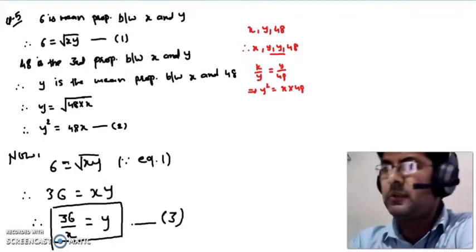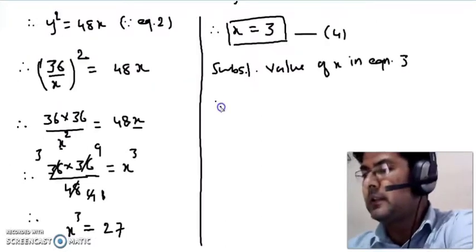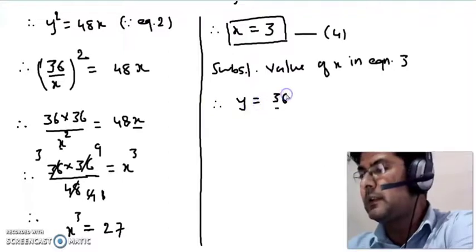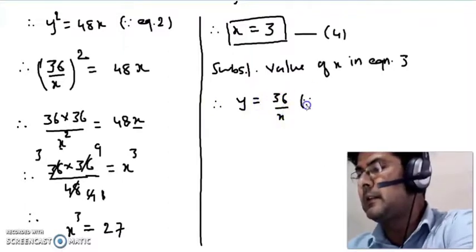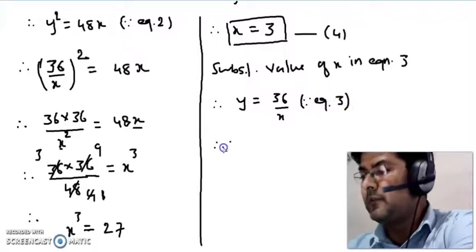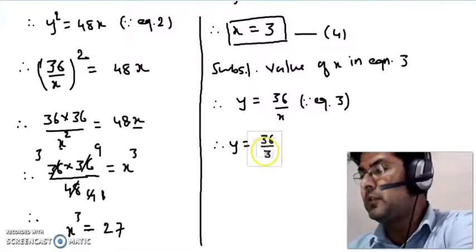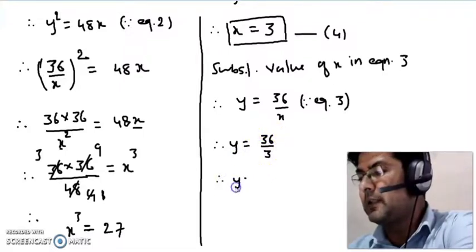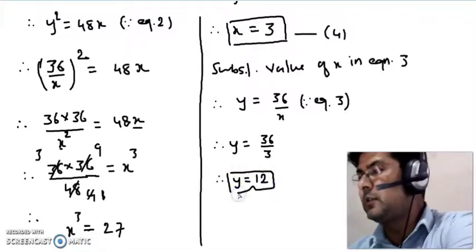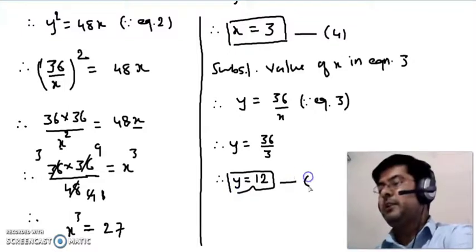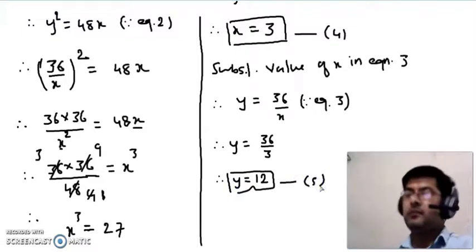Y is equal to 36 upon x. This is equation 3. Therefore y is equal to 36 upon 3, and therefore y is equal to 12. Okay, so we got the two numbers to be 3 and 12.